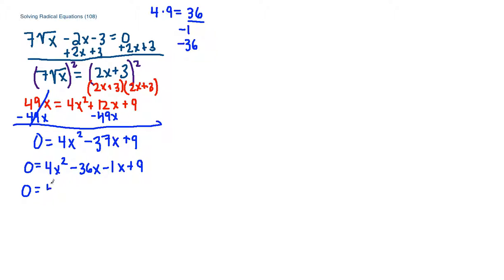I can factor out 4x from here and I'll have x minus 9. Then from these two terms, I can factor out a negative 1 and have x minus 9. Then I can factor out x minus 9, and what I have left over is 4x minus 1.